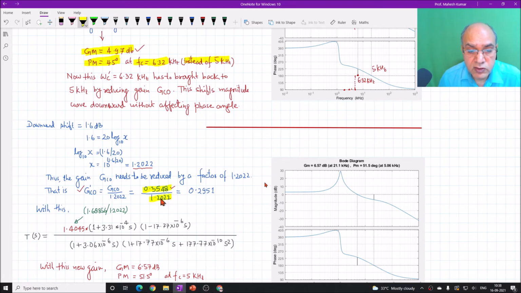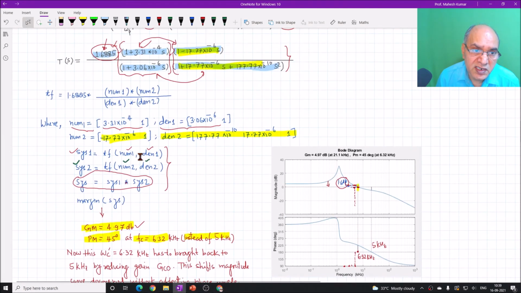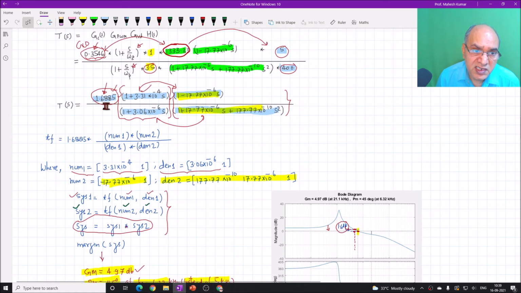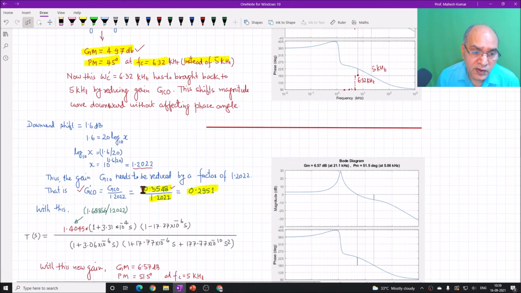This factor will be responsible for bringing the Bode plot down by 1.6 dB. And this value of new GC0 is 0.2951. So the final value is 1.6885 earlier, so divide by the 1.2022 factor, then it becomes 1.4045.